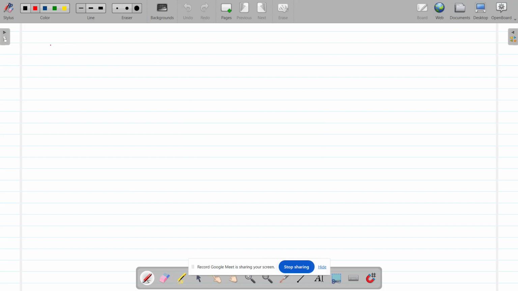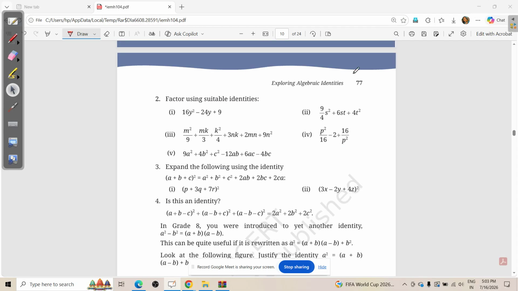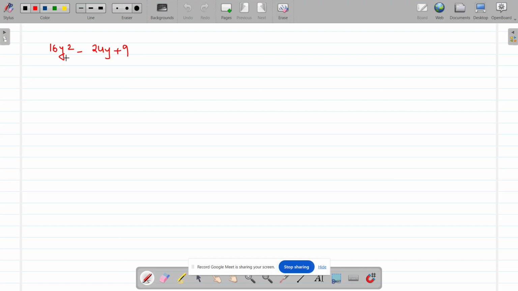Let me open the desktop also. Yes, this is the question: 16y squared minus 24y plus 9, right? The board is visible to you? Yes. So we need to find the suitable identity for this.